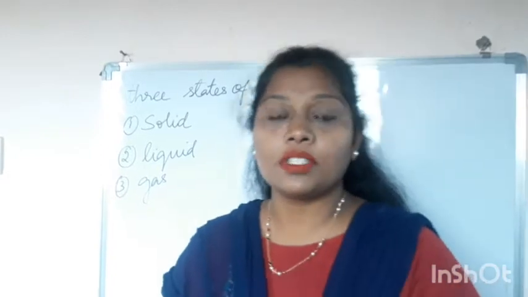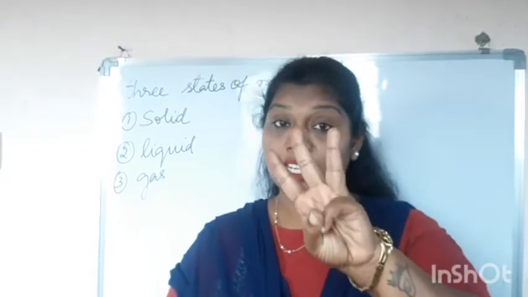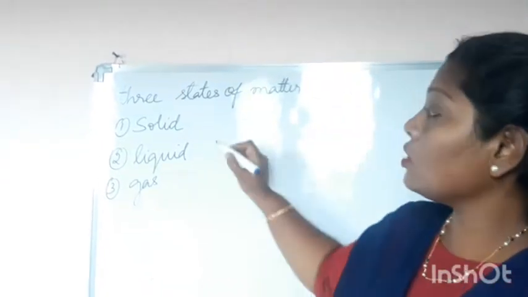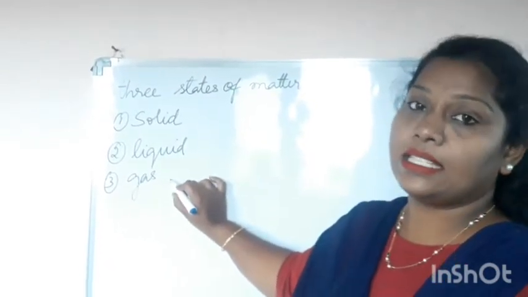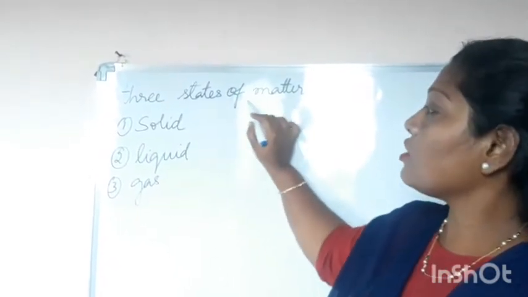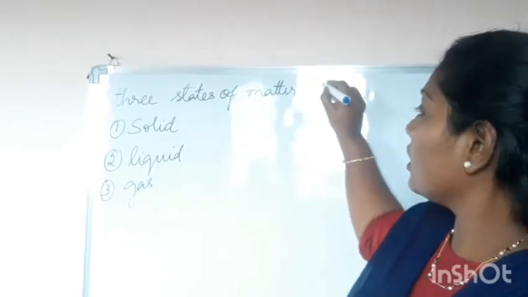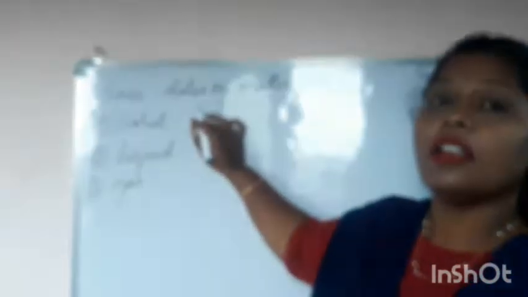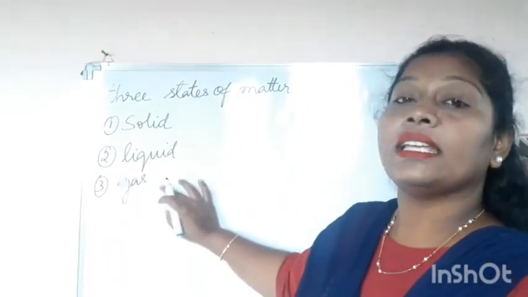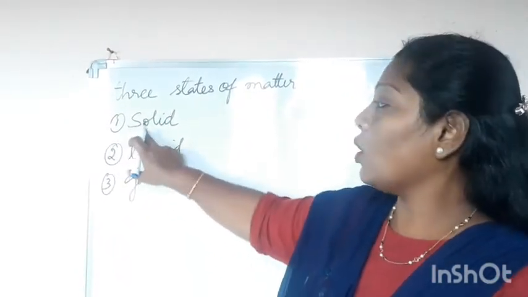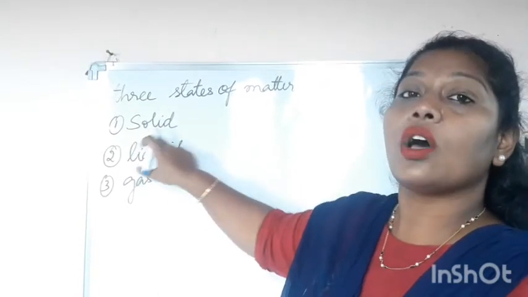How many types? The matter is made up of 3 types. What are those? Solid, liquid, and gas. The 3 states of matter are, what are the 3 states of matter, children? Solid, liquid, gas. S-O-L-I-D, solid.